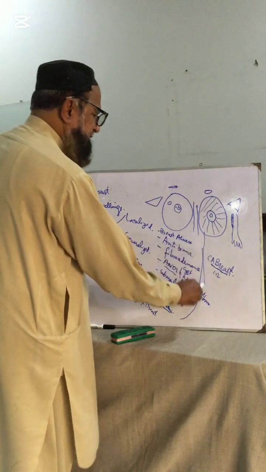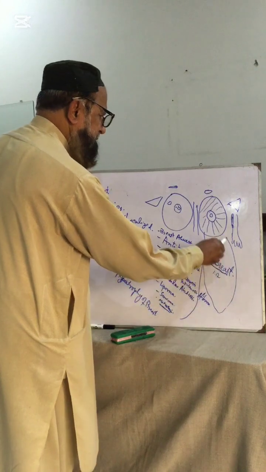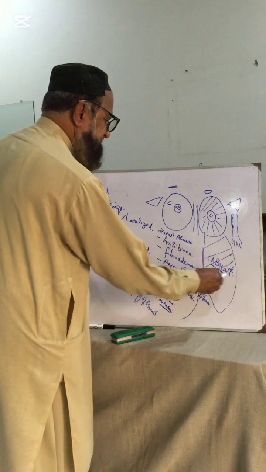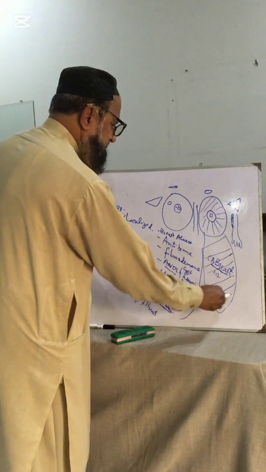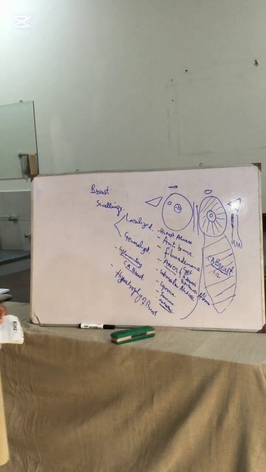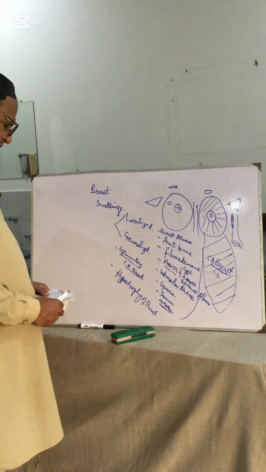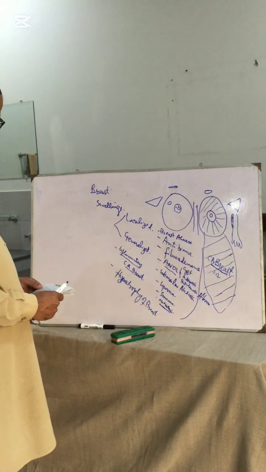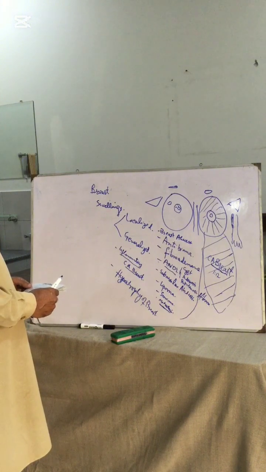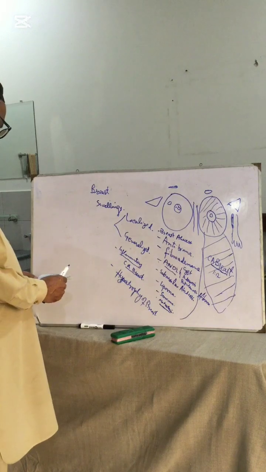This is hypertrophy of the breast, and this is a bilateral condition, and that needs reduction mammoplasty. So this is the brief review of the conditions that lead to breast swelling.